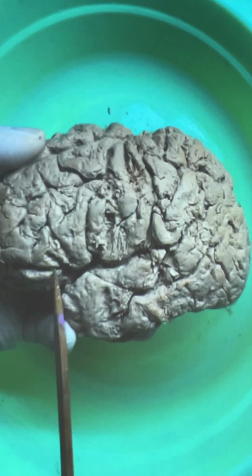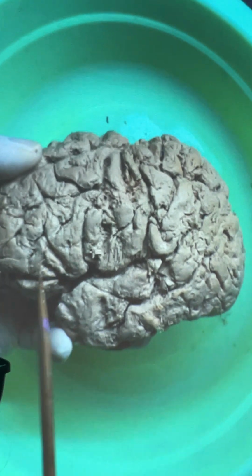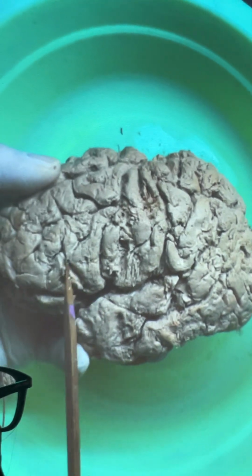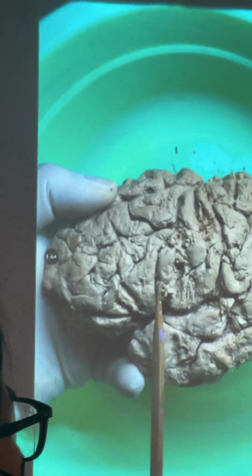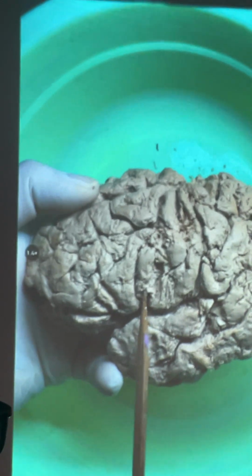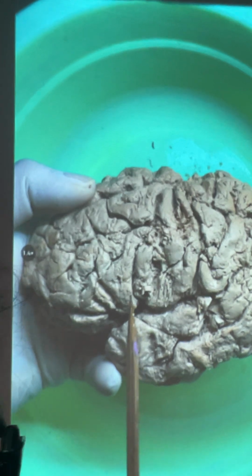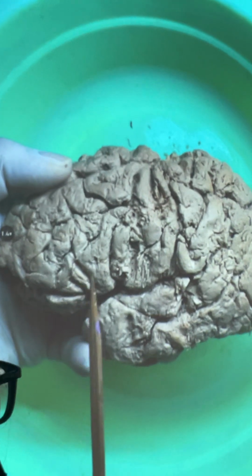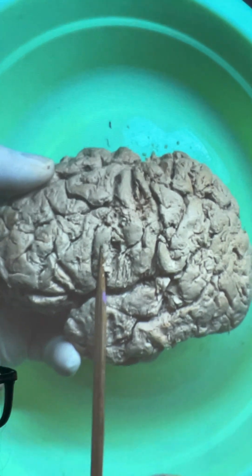Yes. So this is pars orbitalis, that's O. This is triangularis, so it's T. And this one is opercularis, so it's P. So it's OTP: orbitalis, triangularis, and opercularis.